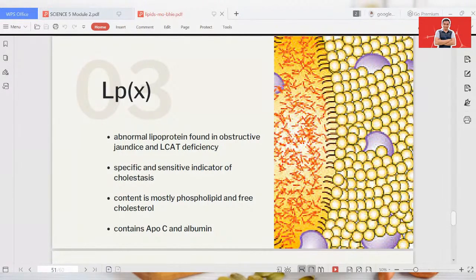Tapos, in the serum of infants with persistent jaundice, it is indicative of cholestasis. Ang cholestasis ay a liver disease caused by decrease in bile flow. Tapos, lipoprotein X contains mostly phospholipid and free cholesterol as well as ApoC and albumin.